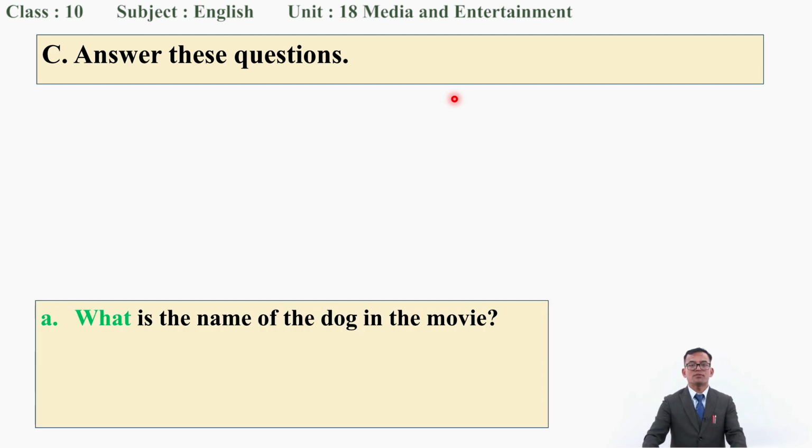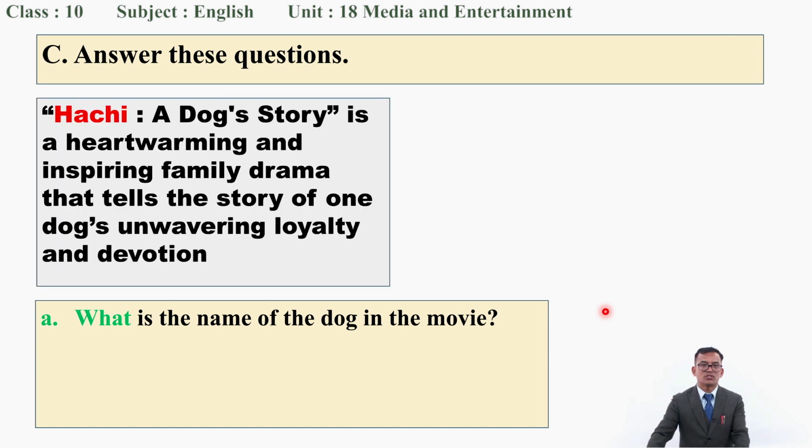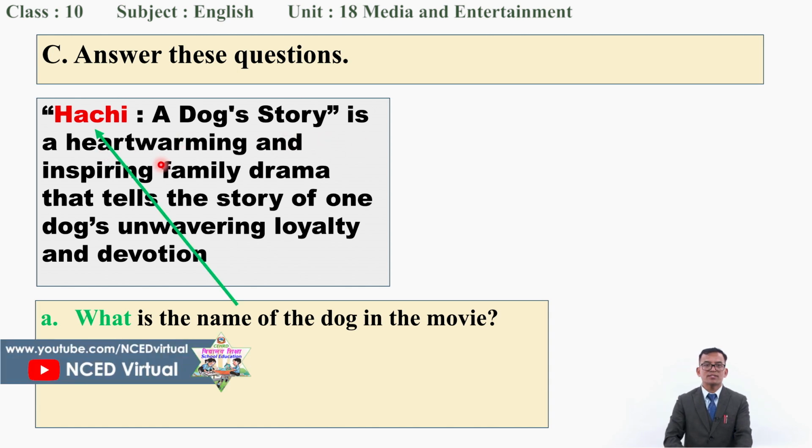So, what is the first question? Who can read the first question for me? Good. What is the name of the dog in the movie? What are you going to answer? Name of the dog. Good. Hachi. Right? You'll find the answer here. Okay, can you guess now? Okay, good.